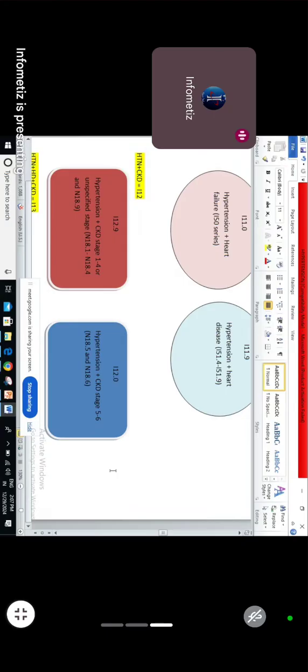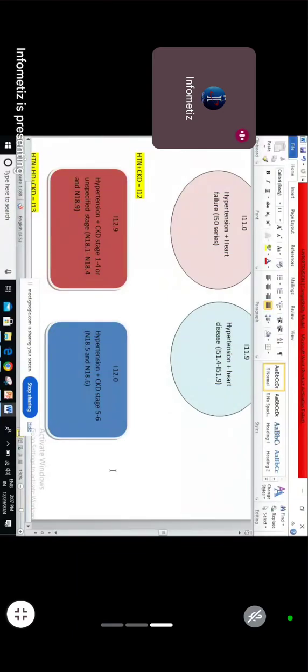So I have 4 diagrams, 2 circles, 2 rectangles. This circle is for hypertension with the heart condition, and the rectangle is for hypertension with the CKD condition.